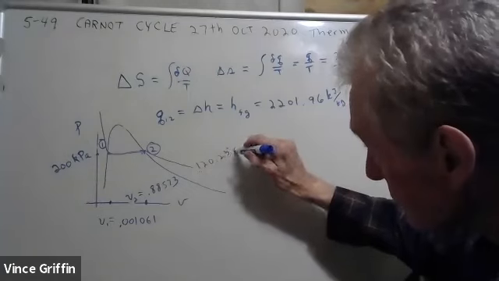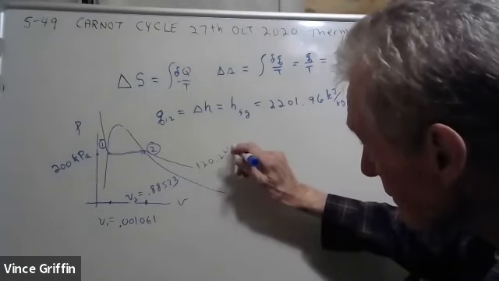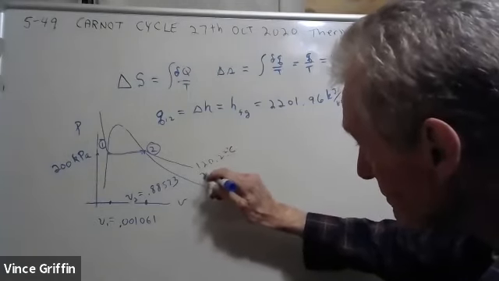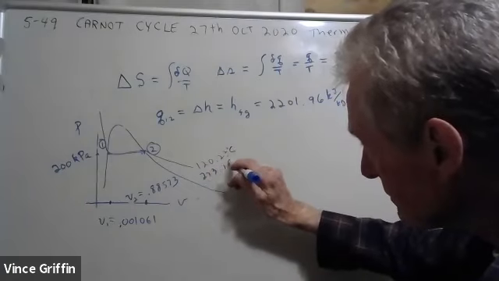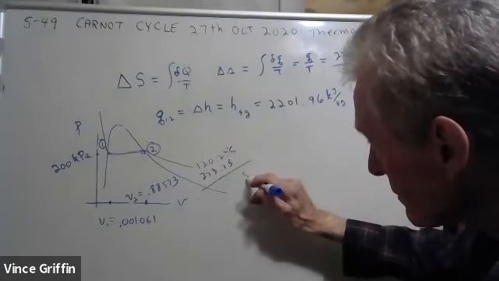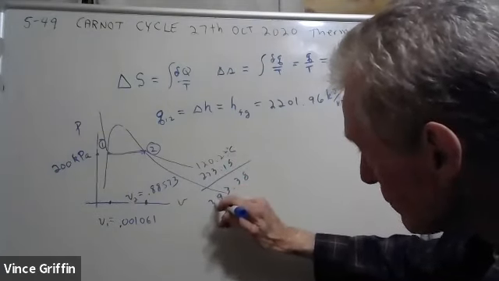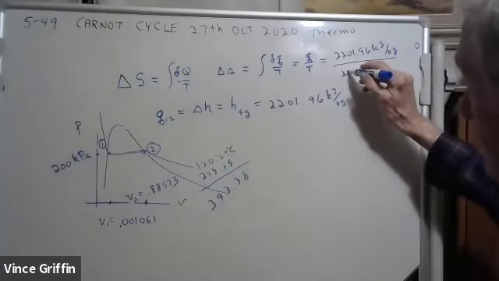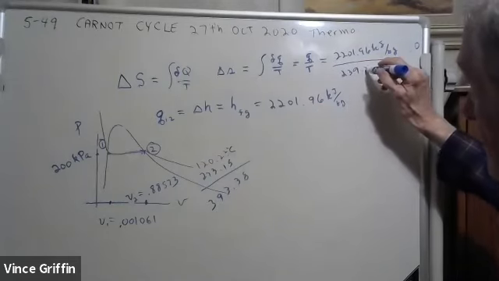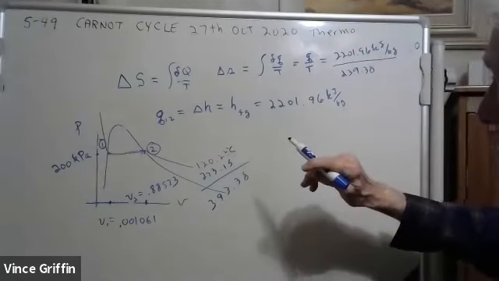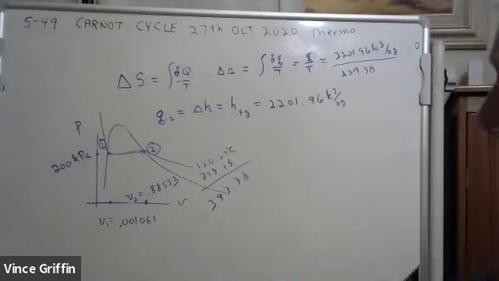See, that's Celsius. We have to have Kelvin. Okay, let's see if I can get Kelvin here. Suppose I did that right. Okay, plug that in and we'll get the change in specific entropy going from 1 to 2. Go for it.